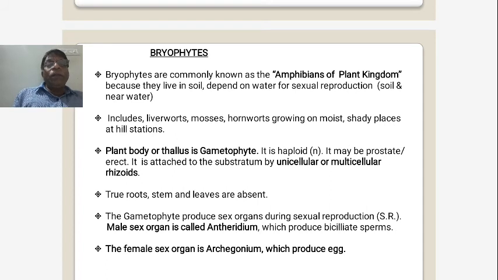If we examine the rhizoids, they are just like roots of higher plants. These rhizoids are unicellular, a very important characteristic feature, or multicellular in case of mosses.